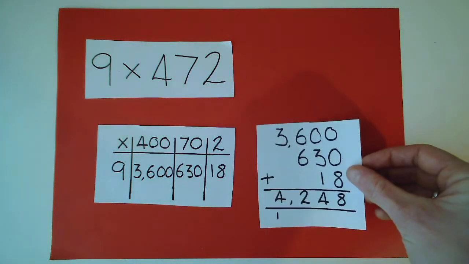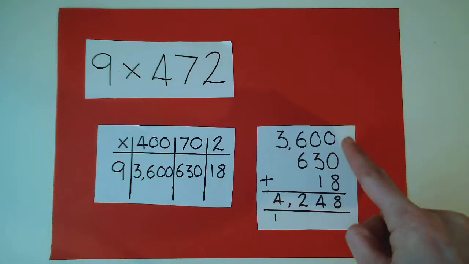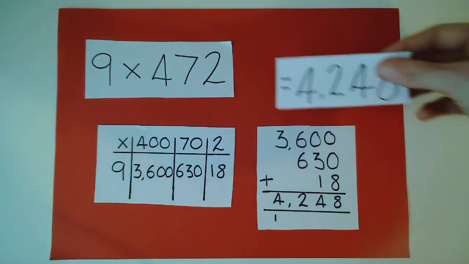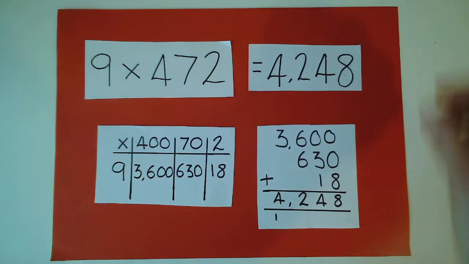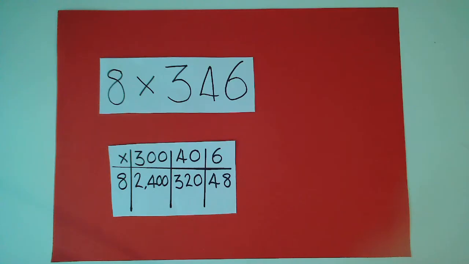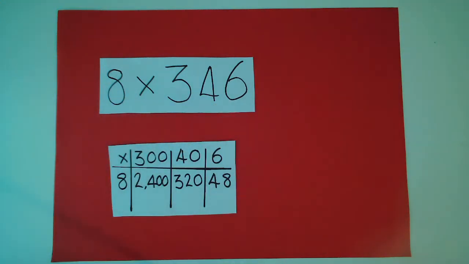If you used your column addition, you should have taken 3 numbers and added them together, and we had a little bit of exchanging here, so well done if you managed to do that. And our answer is 4,248. Brilliant work, everyone.